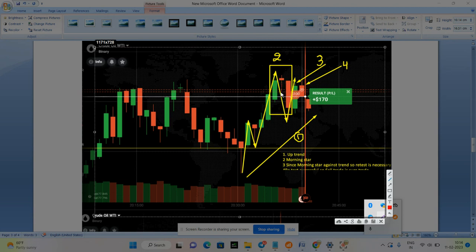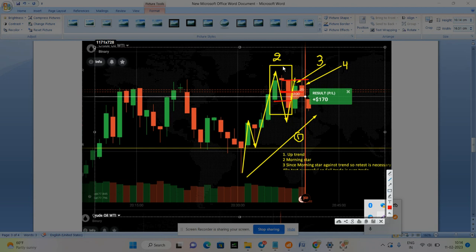You know the key levels of the evening star: the first level is the wick of that candle, the second level is the wick of the middle candle, and the third key level is the closing of this candle. And this green candle retested the closing point.